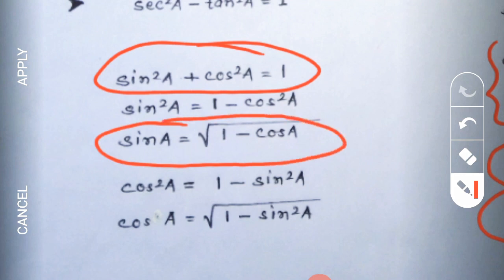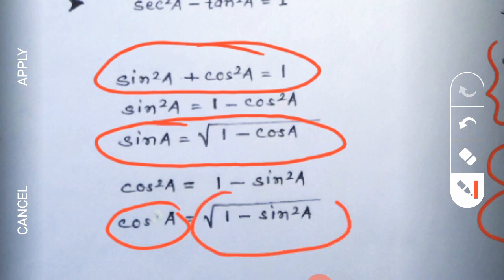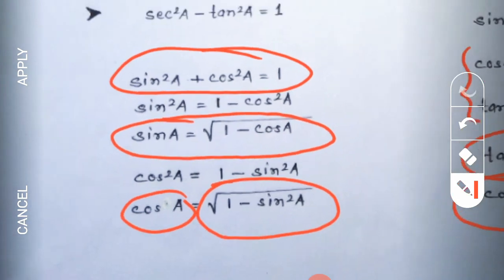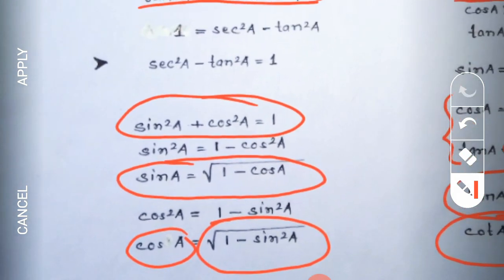Sin a value how much? Under root of 1 minus cos square a. Cos a value, from the same identity, we obtain under root of 1 minus sin square a. In the same way, you can obtain the value of tan a or sec a from this identity.